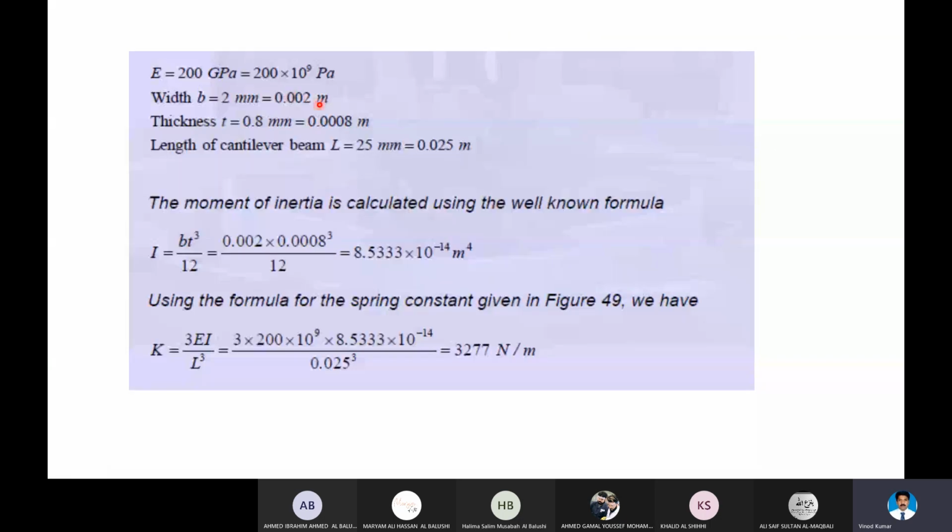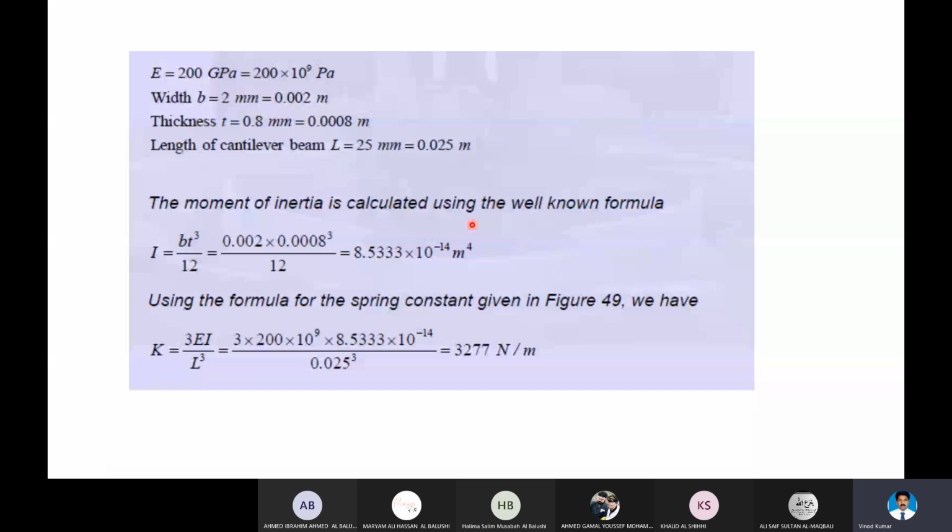I converted width into meters, which is 0.002 meter. Thickness is taken as 0.8 millimeter. The thickness can be converted into meter as 0.0008 meter. Length of the cantilever beam L is 25 millimeter. So I have converted millimeter into meter here.